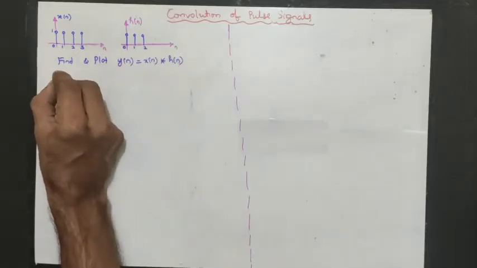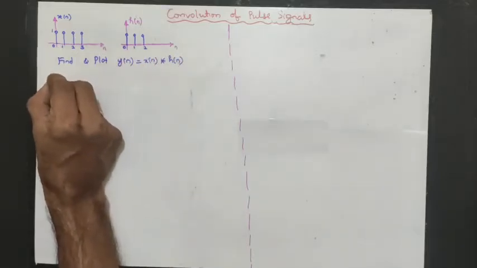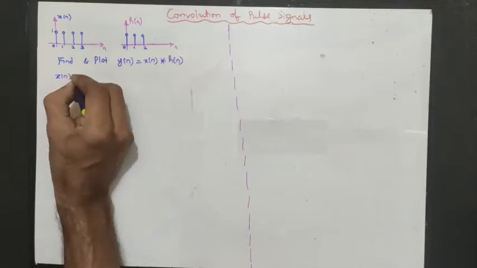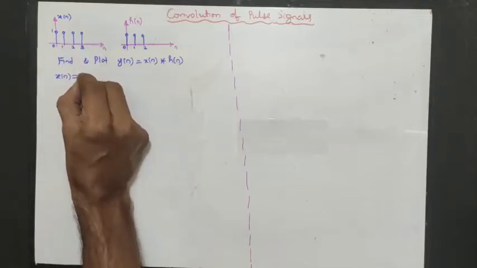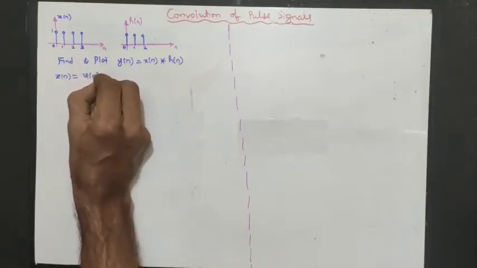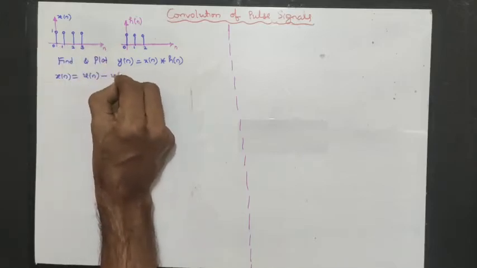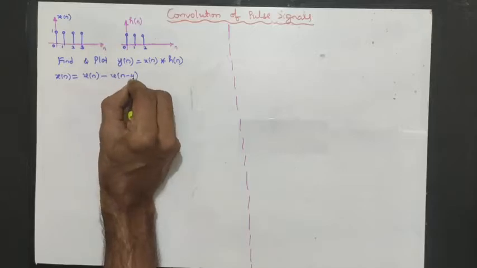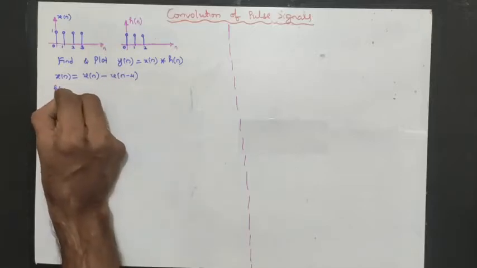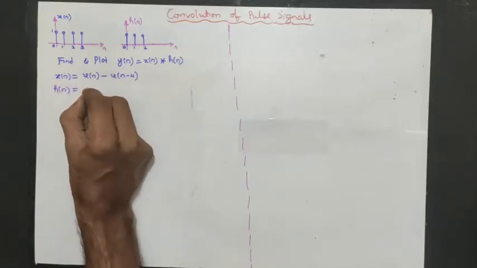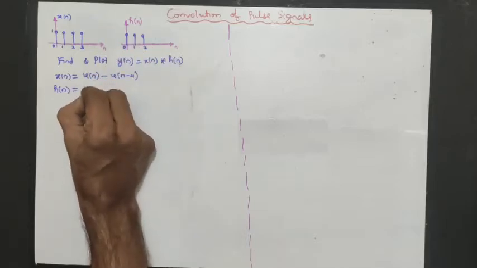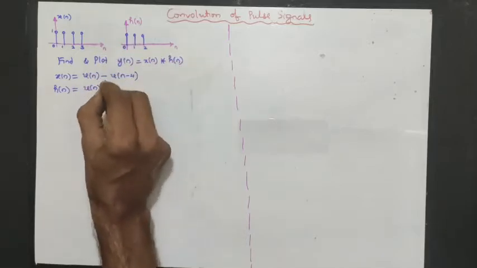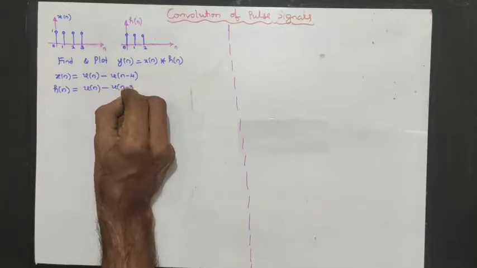Now first, x of n is equal to, you have to write the equation. Obviously you know that it is u of n minus u of n minus 4, because 3 is there, that's why minus u of n minus 4. Now h of n is equal to u of n minus 2 is there here, u of n minus 3.